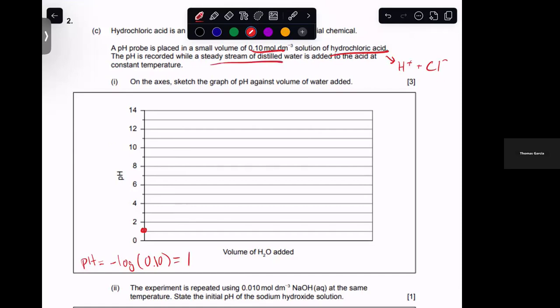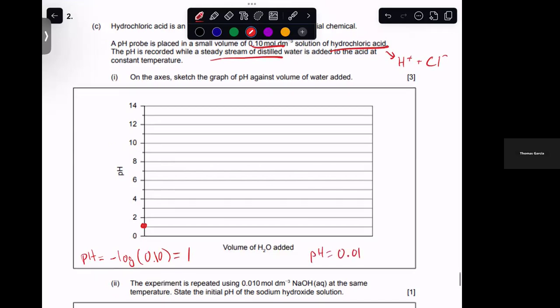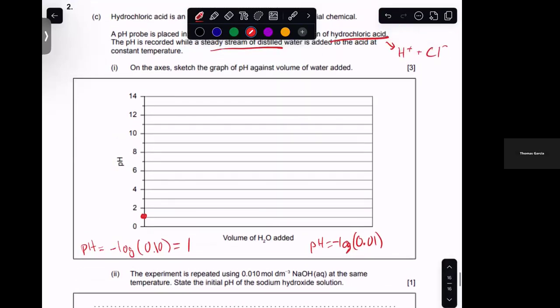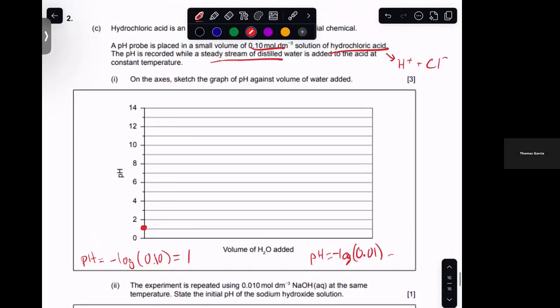As we add distilled water, we're going to dilute that. So maybe we then end up with pH equal to the negative log of 0.01 when we add 100 times the amount. And so as we do that, that pH is then 2.